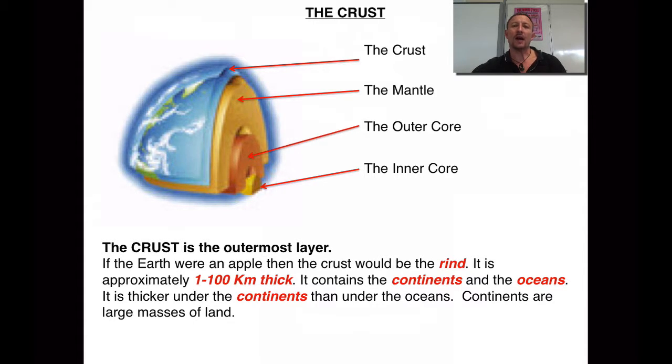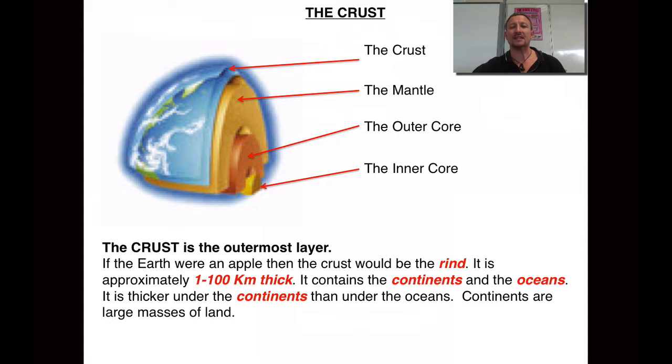Now, another way of trying to think of the Earth is the same way as an apple, because what an apple manages to do is give you a rough idea of the amount of distance between each of the layers. If we were to cut an apple in half, we'd see that the outermost layer, which is very, very thin, is the rind.